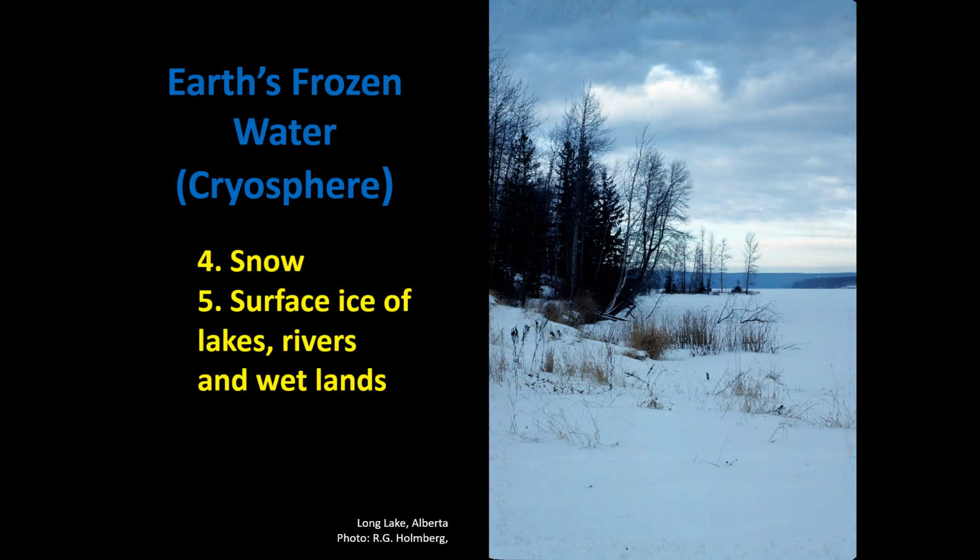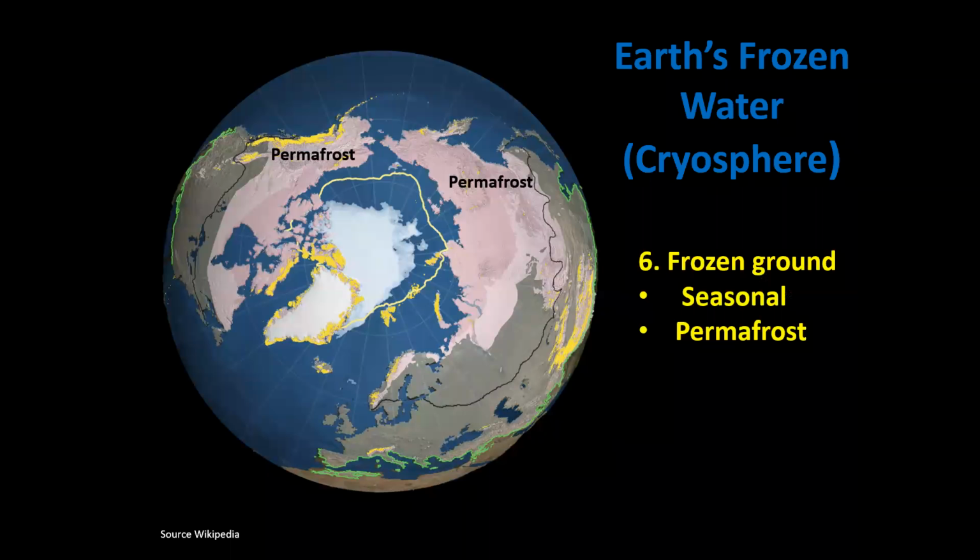And again, this is seasonal. And on the 6th is frozen ground, and this can be seasonal as well, or it can be permanent, and that is called permafrost. So you can see the pink in the northern hemisphere is permafrost. So it's a fairly large extent.